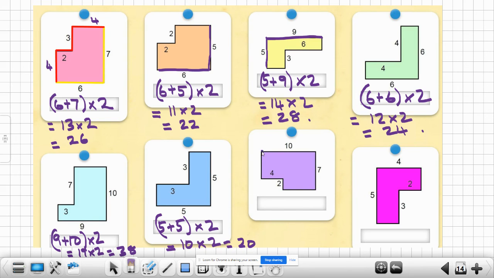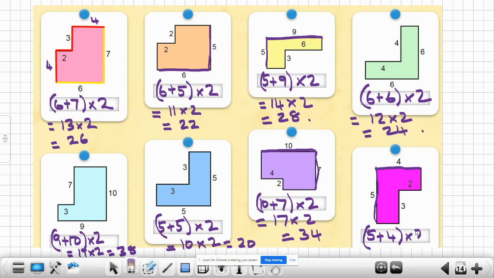10 by 7, so add them together, multiply by 2, 34. And finally, 5 and 4, multiply by 2, which is 18.